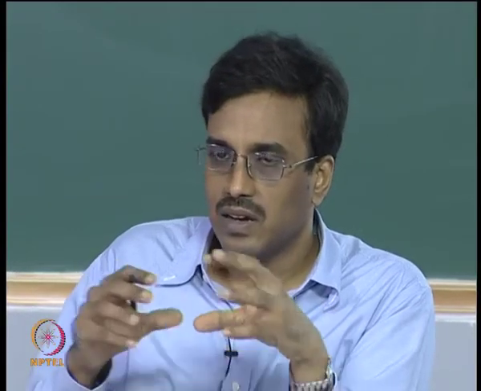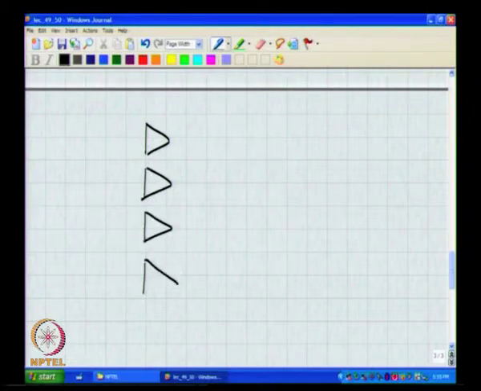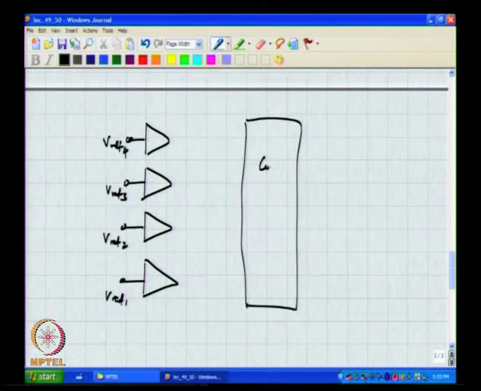If I take, in other words, let us say all these comparators, and then this goes to the digital backend conventionally. All right.